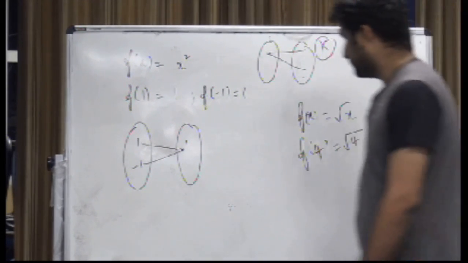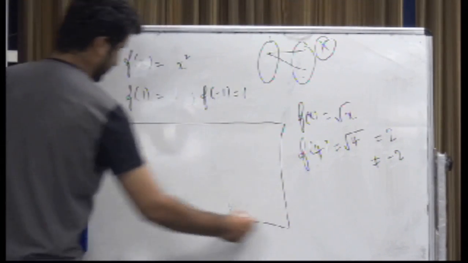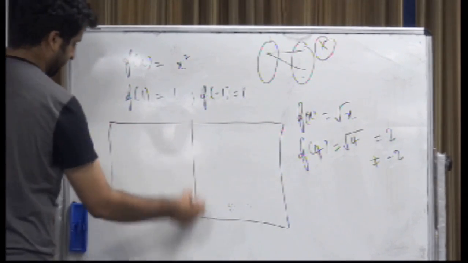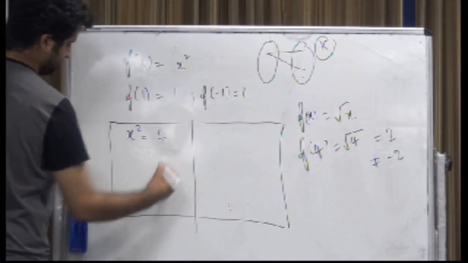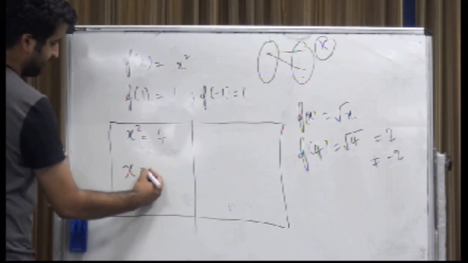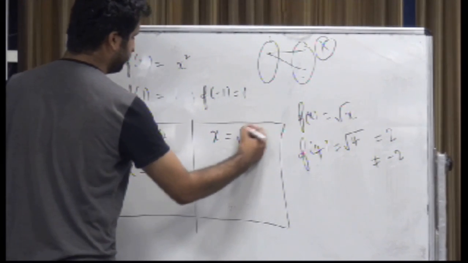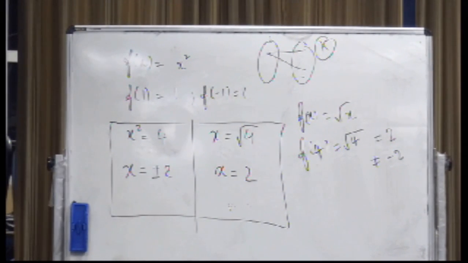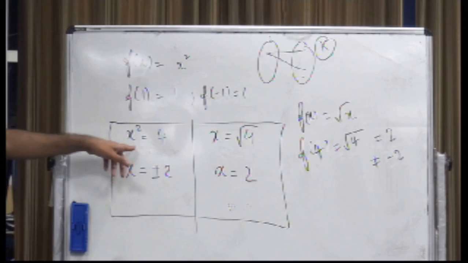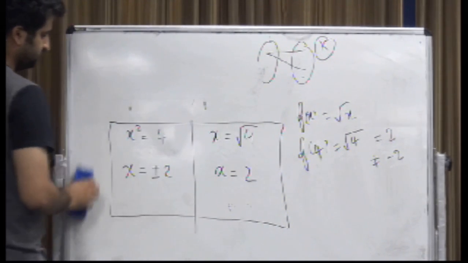Okay, just remember this thing and remember it very keenly, that if you have x square is equal to 4, in this case x can be equal to plus minus 2, but if you have x is equal to root 4, in this case x is only equal to plus 2. Because this is a quadratic expression and you solve it by this method.